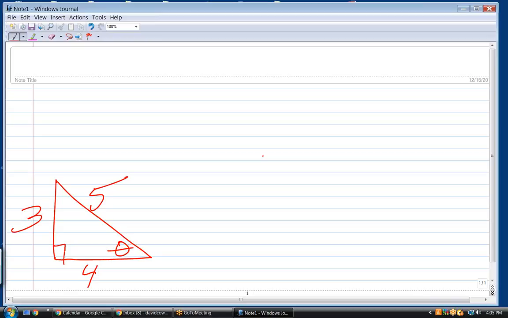No. Give me the inverse trig function that allows you to figure it out. So it'd be sine of 3/5. You can either call that arc sine or inverse sine.